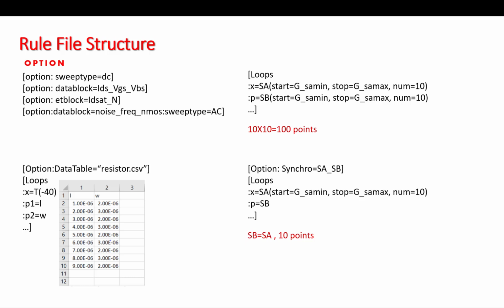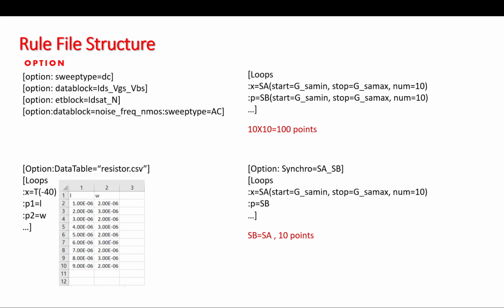The AT block is the same. The data block is the curve data, the AT data will be the WAT data, and the data block can also be noise data. Here's an example, data block for the noise data and sweep type AC.